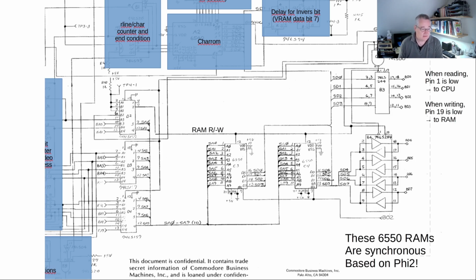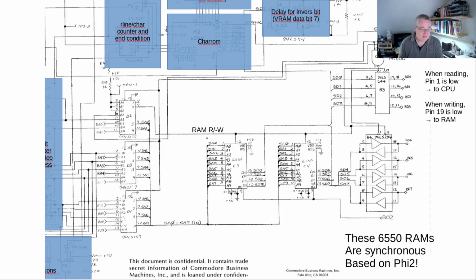The output of those address lines go to the video RAM. They are actually selected all the time, but they are synchronous. They are based on the Phi2 clock, at least the 6550 RAMs. There are models with other chips. I haven't had a look, but they should be pretty similar.